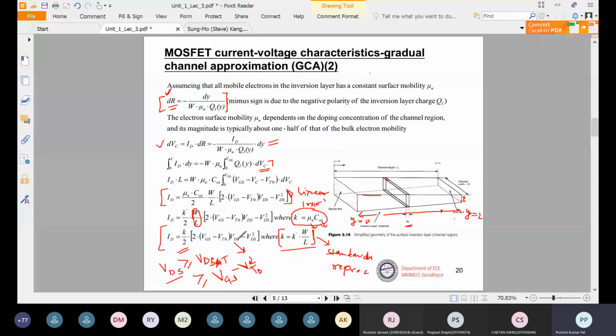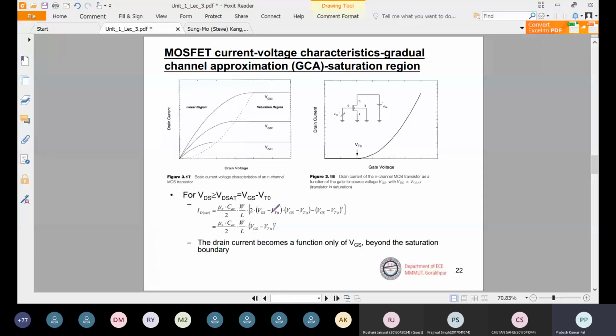So यहाँ पे जब हम पुट करेंगे, so that will become VGS minus VT0 into VGS minus VT0 again, because instead of VDS, this value is your VDS value.